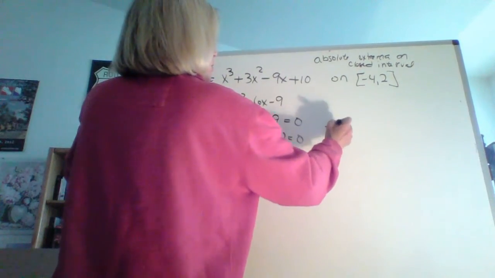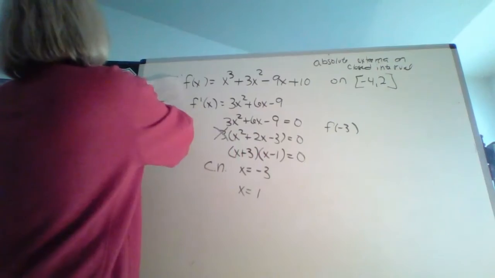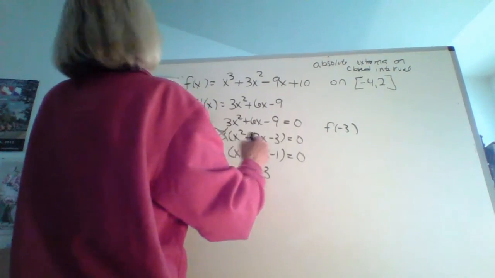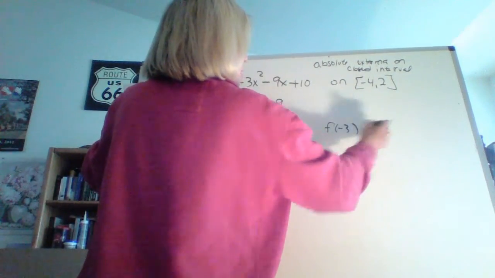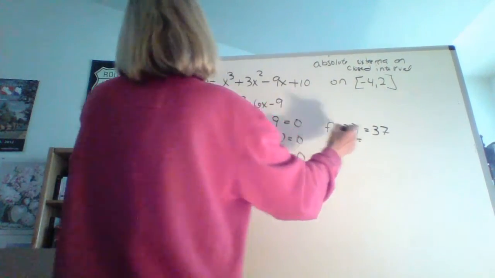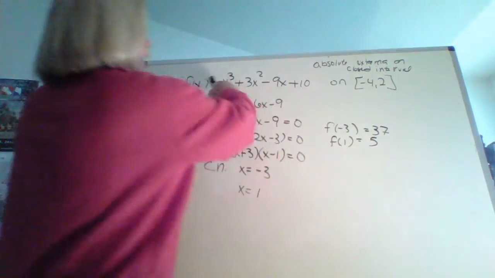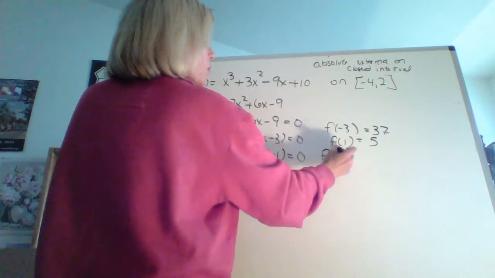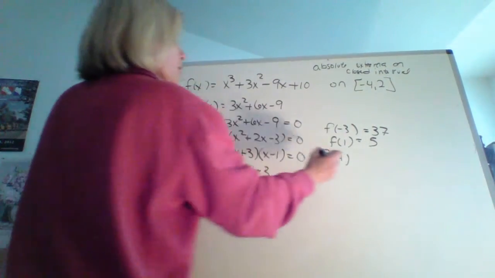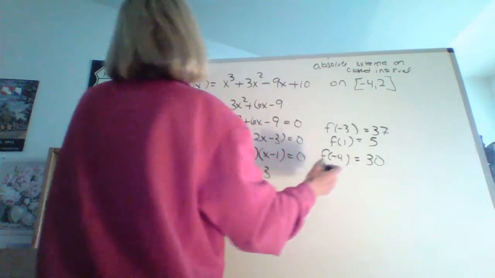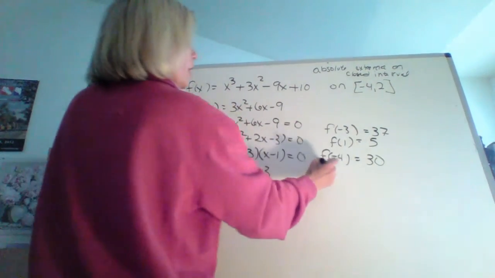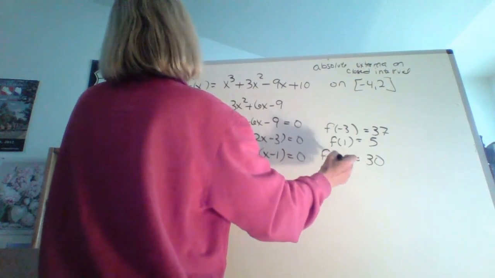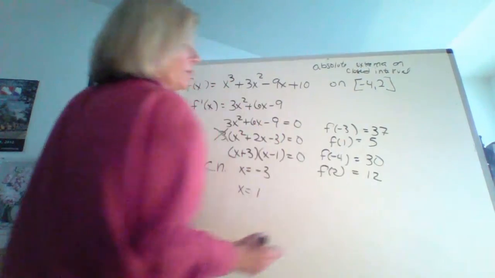So f of -3 is 37. f of 1 is 5. I just got those from substituting in. f of -4, now I'm going to check my two endpoints, is 30. And f of 2 is 12.